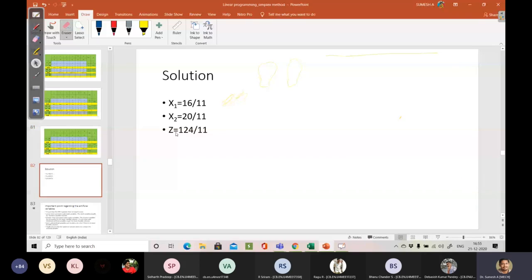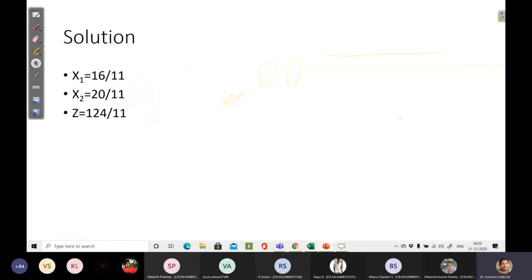We have calculated the minimization set as 124 by 11. So we have terminated the problem and found the solution.